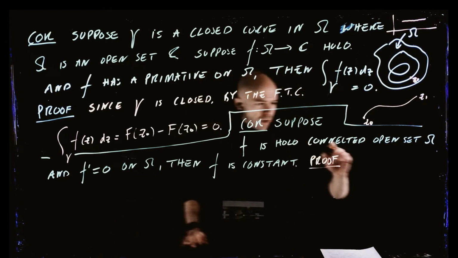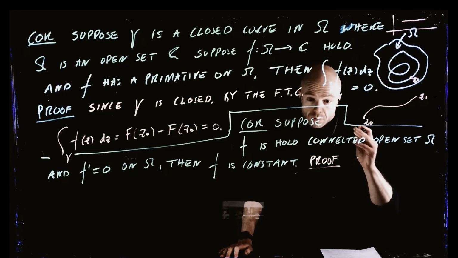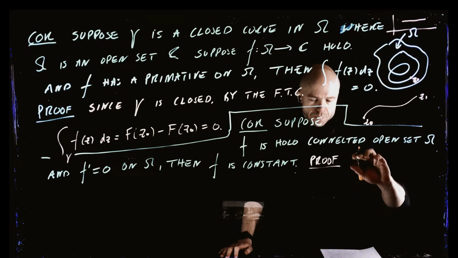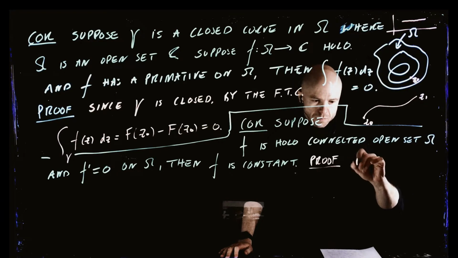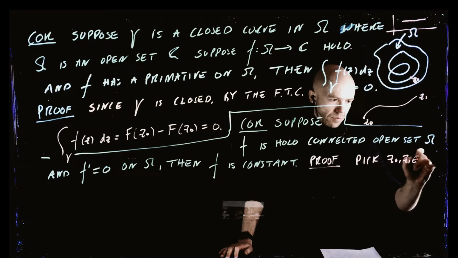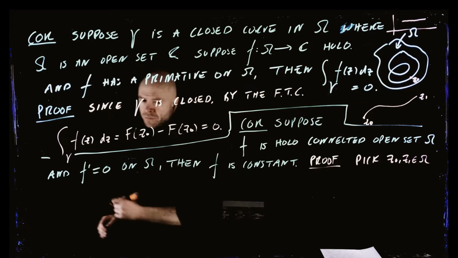Okay, let me give you a hint. Let's pick any two points, z0, z1 belong to omega. Go ahead.